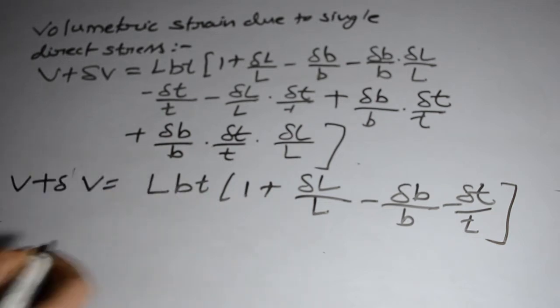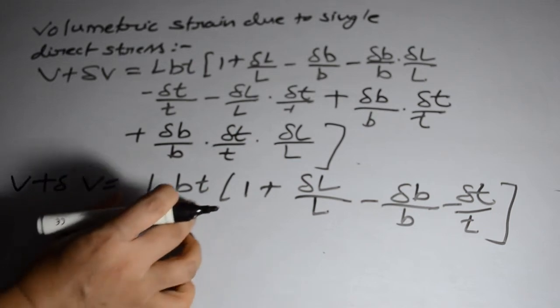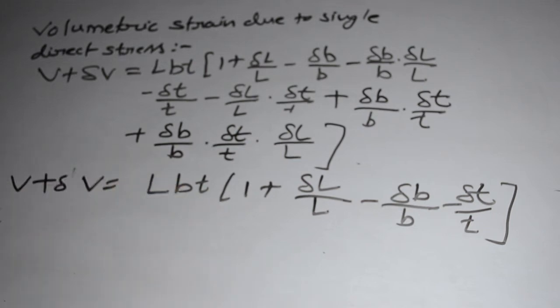So this LBT is equal to V. This is the original volume of the bar.